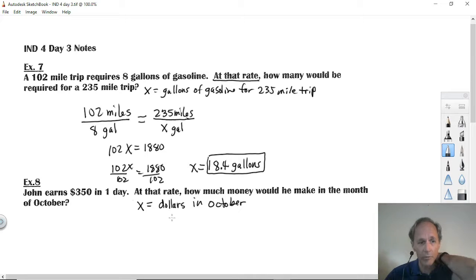Okay, now we've got a variable, and we can make our equation, and we know it's going to be setting two ratios equal to each other, two fractions equal to each other. So the one that we know both numbers for is for how much he makes in one day. That's $350. Okay, and we'll go ahead and put our dollar sign there over one day.